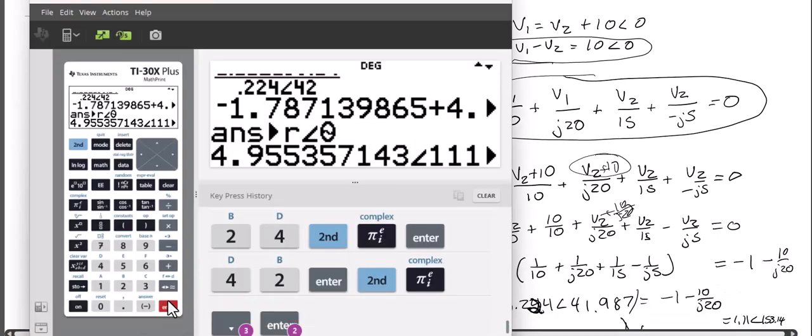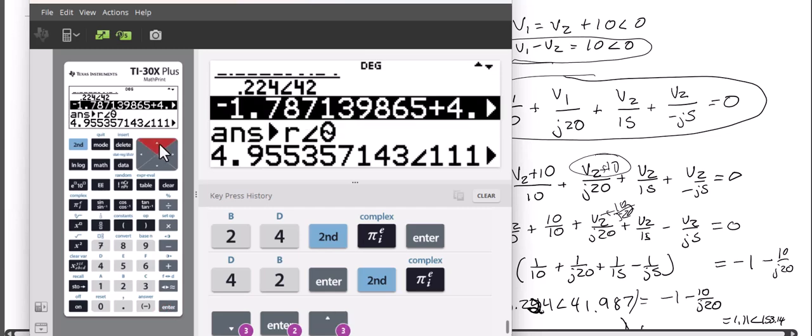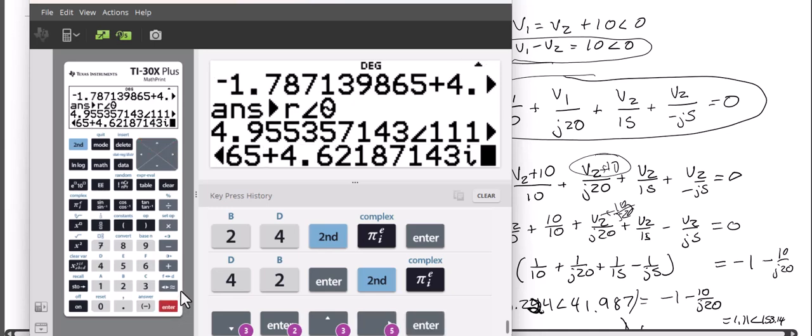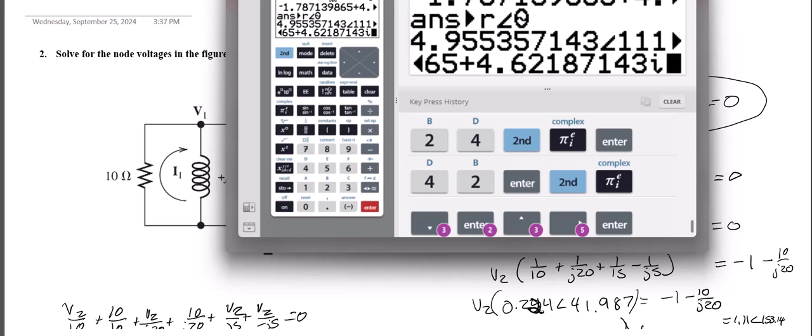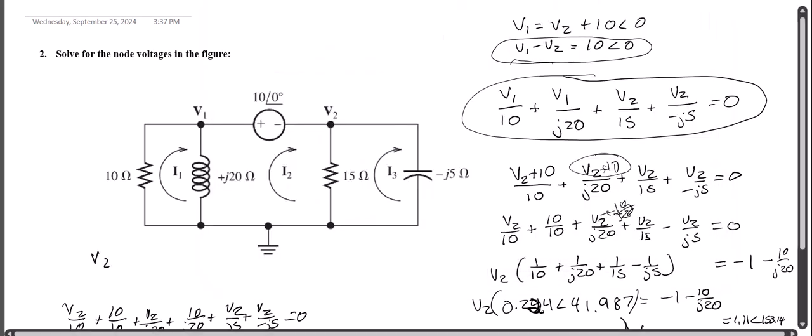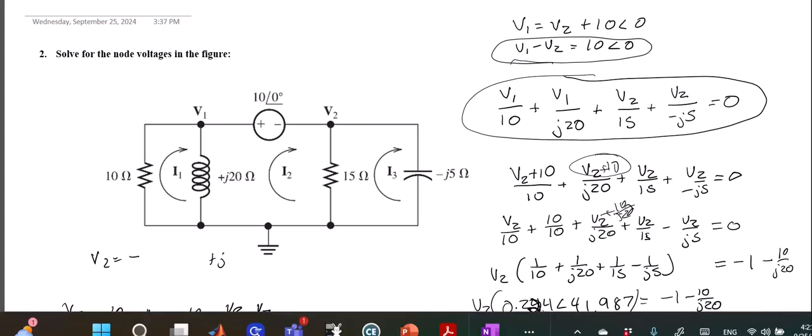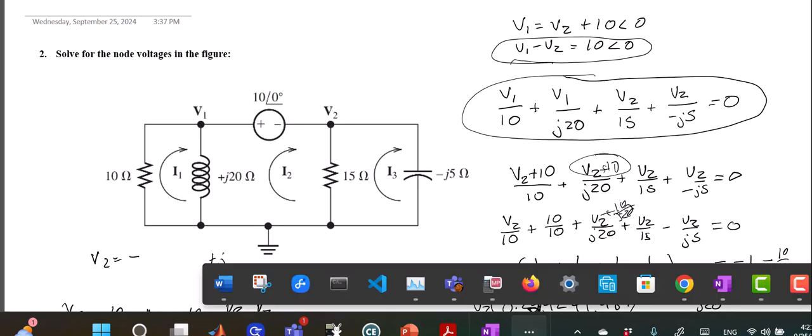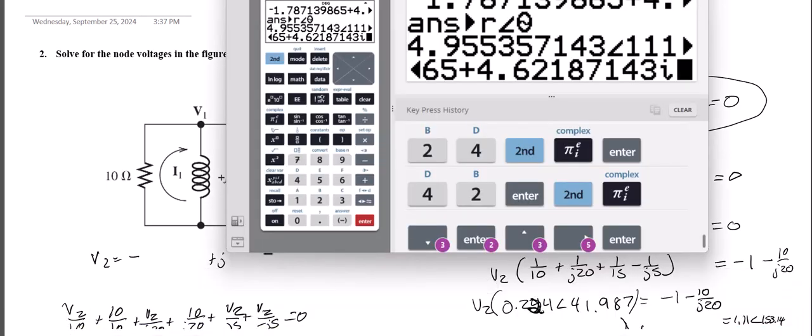And so in rectangular, it was negative 1.78 plus J 4.6. It's V2 times 0.244. Hold on. 4.6.